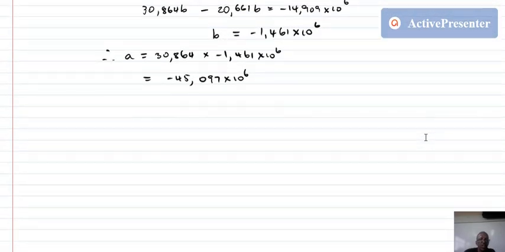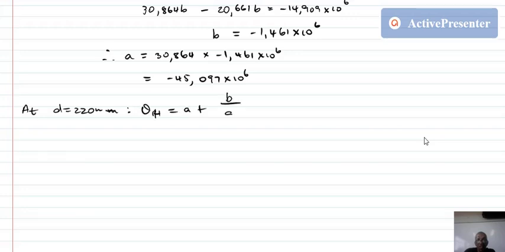Say that at D, which is 220 millimeters, my radial stress, my hoop stress, is the same as A plus B over D squared, right? Which is the same as minus 45,097 × 10^6 plus B. My B is minus 1,461 × 10^6 divided by D, which is 0.22 squared.